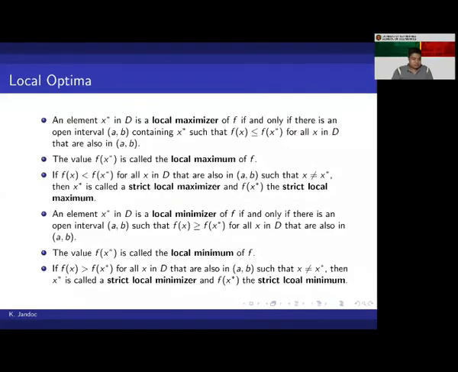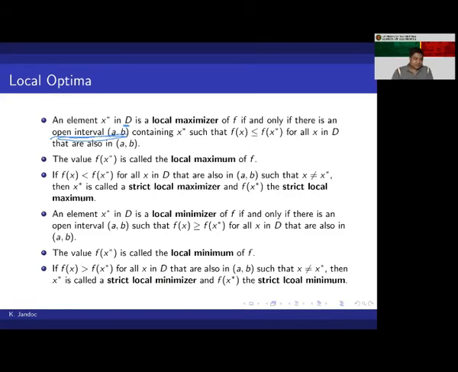Now let's define what a local maximizer, local minimizer, local maximum, and local minimum is. The only difference from the global definitions is that we restrict the domain to an open interval (a, b). So instead of the whole domain, let's restrict it to an open interval (a, b), which is in the domain.